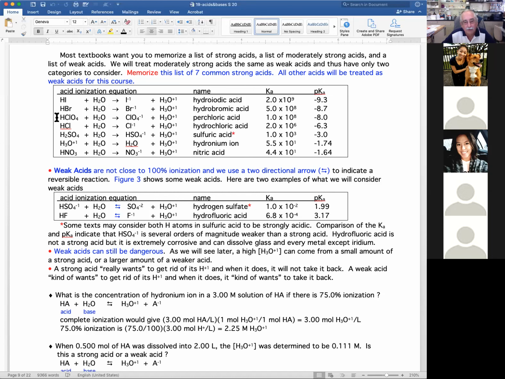This is not only a strong acid, but it's also a strong oxidizing agent. It's a very dangerous substance. I think I don't have any more in the lab. I think I got rid of it. Then hydrochloric acid. So that one you know, that one you can't forget. Sulfuric acid is one, and then the hydronium ion is one.